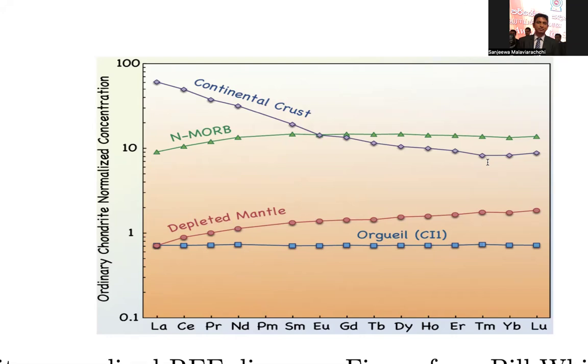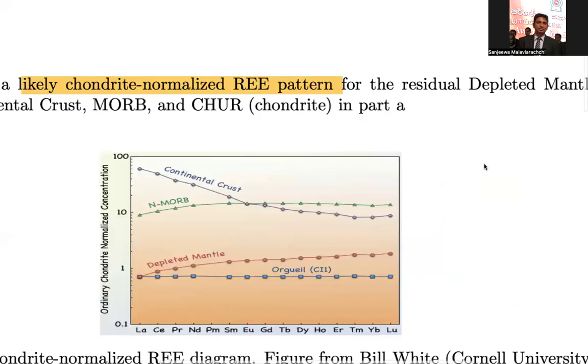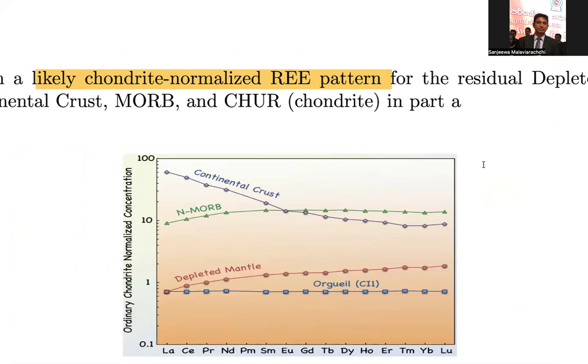So these are the typical shapes of these reservoirs. We call them reservoirs: continental crust, MORB, depleted mantle, lower mantle. All these are termed geochemical reservoirs in the earth. So anyway, these are the likely chondrite normalized REE patterns.